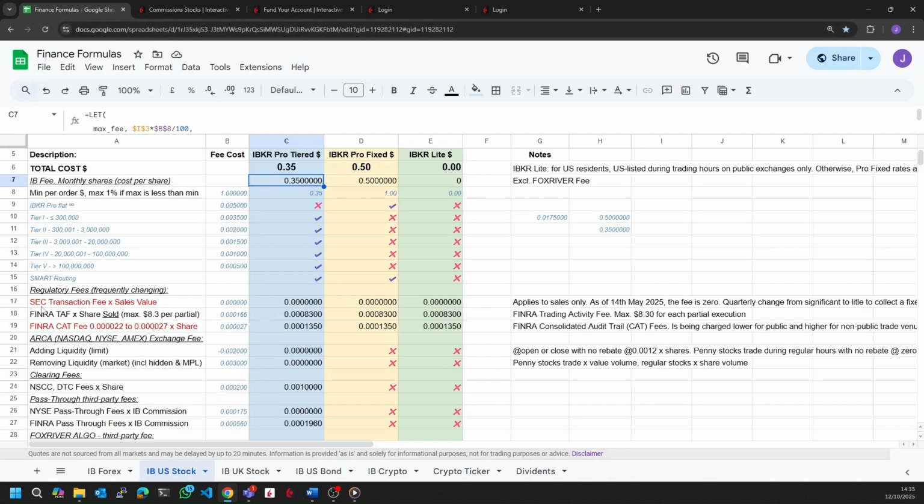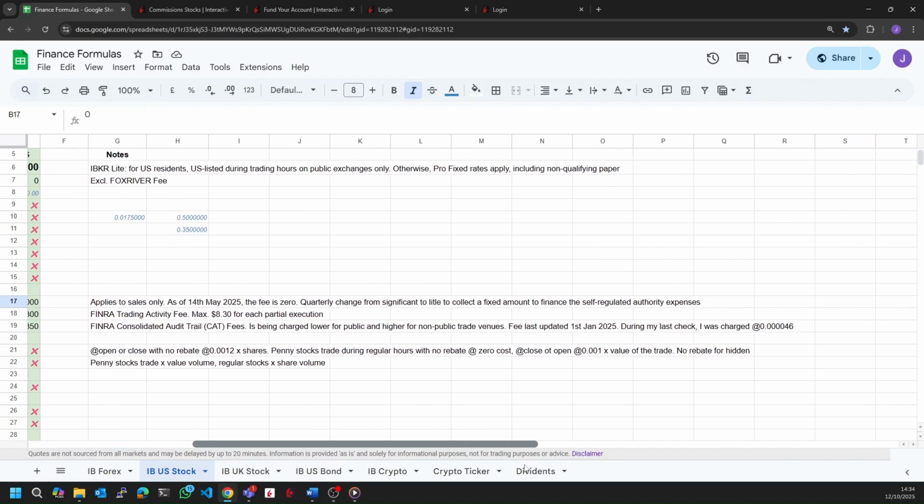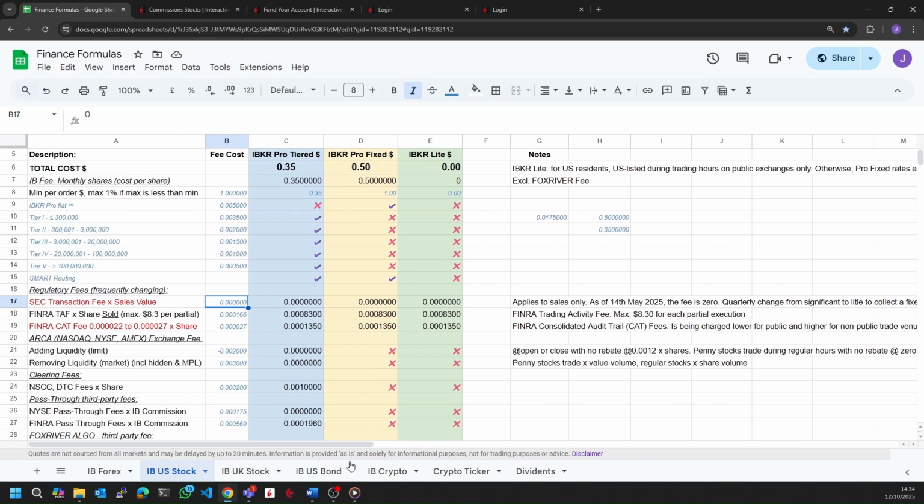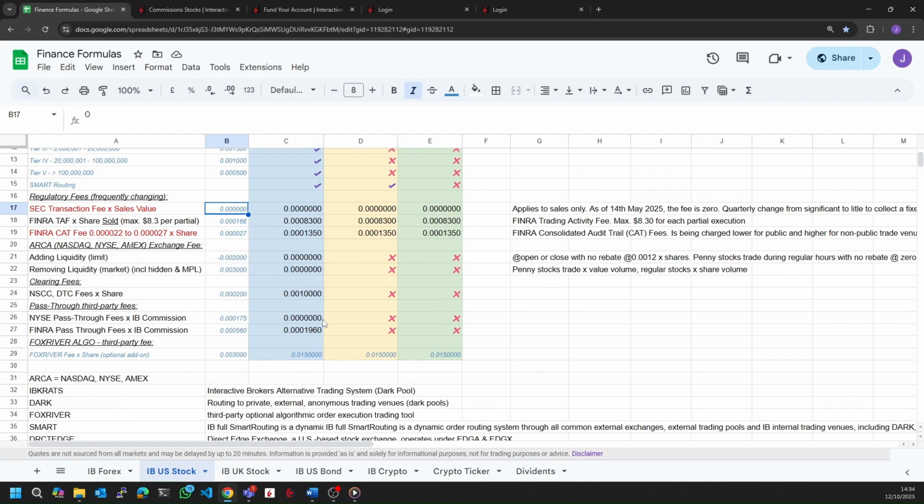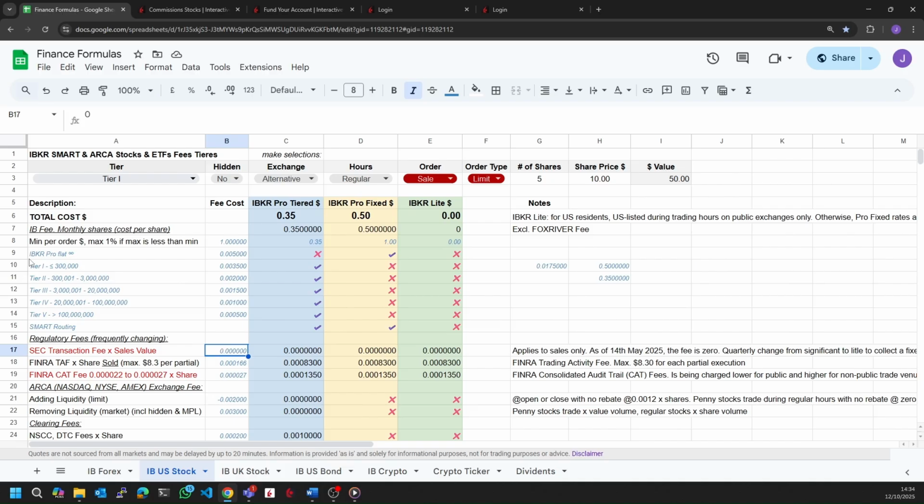And these fees start with the SEC fee, which right now is 0. But last time when I traded, this fee was huge. It was the second largest fee of all of them after Interactive Brokers fees, or even more. I don't remember.